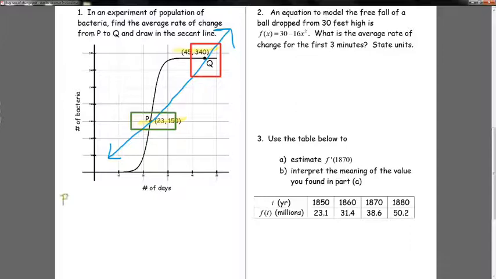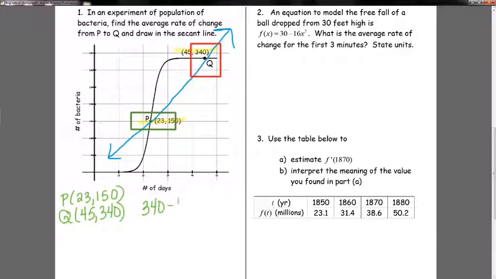P is located at (23, 150). Q is located at (45, 340). And now we can just do y2 minus y1 over x2 minus x1. So I'm going to choose 340 as my y2.